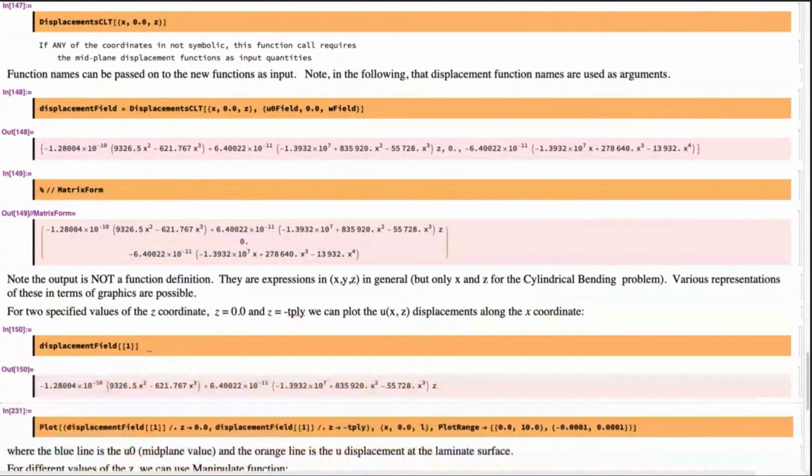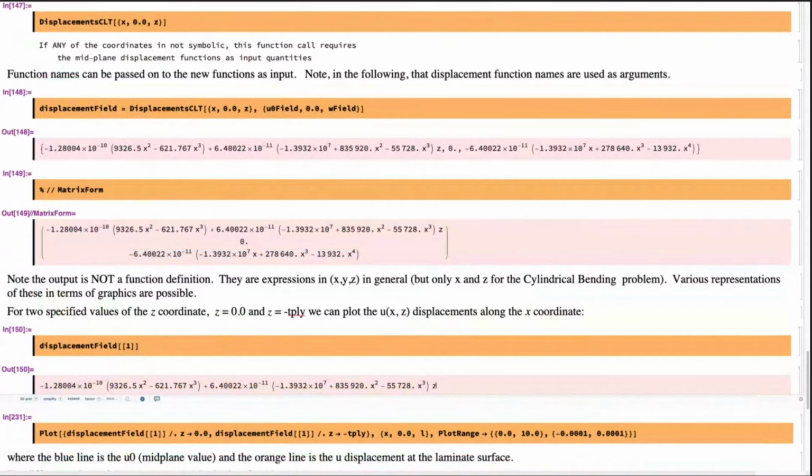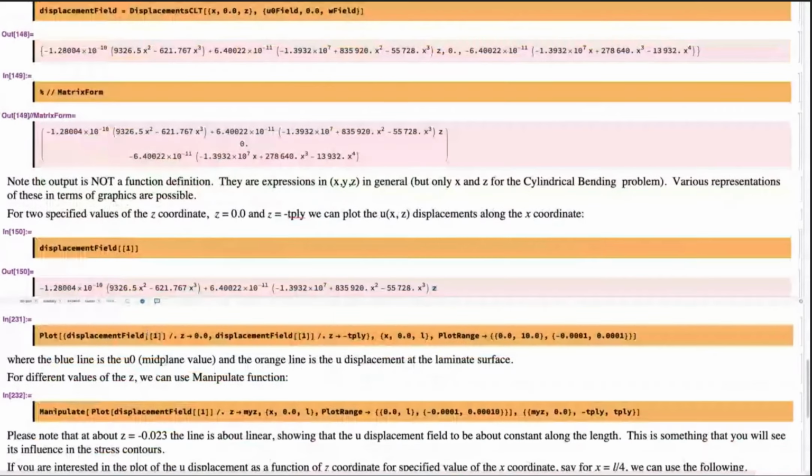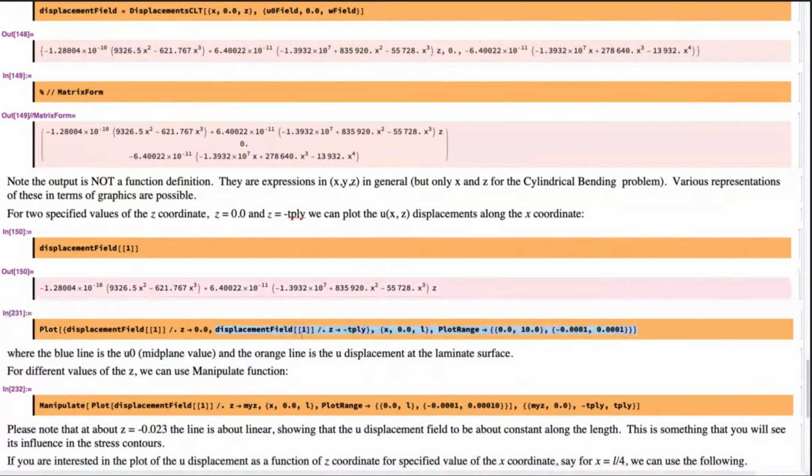So let's take the first displacement field, which is a linear function of Z. If I plot this displacement field for Z equals 0 and for a displacement field at Z equals minus the ply thickness, I will see if there is a difference.